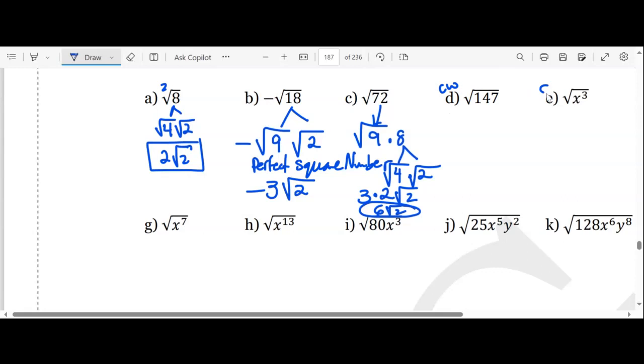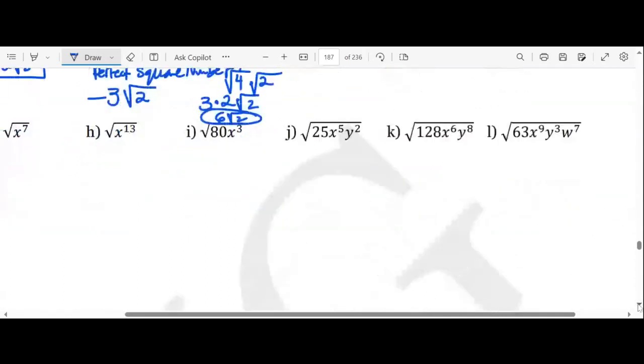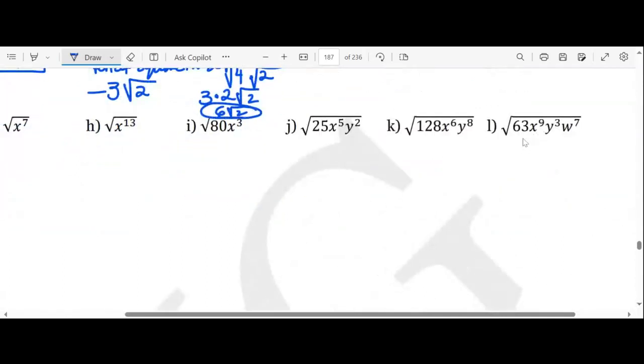Okay, you do this classwork. Let's go for the one in the bottom here. I'll do the hard one. Which one is the hard one? K or L or J? K. Well, J. Okay, let's do K. 128. I'll break down 128 to become what? Give me two numbers. One number is a perfect square number.